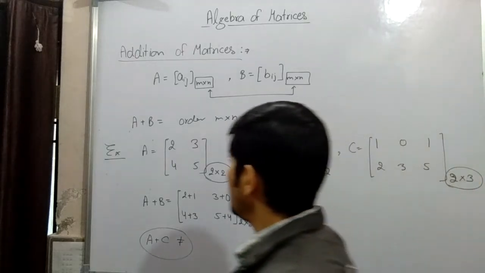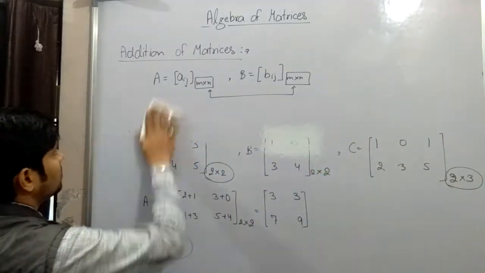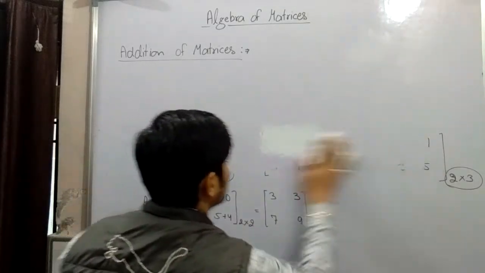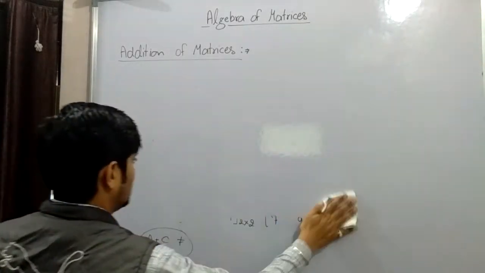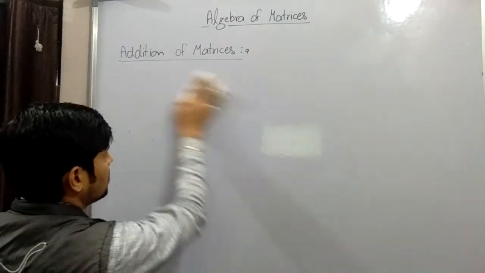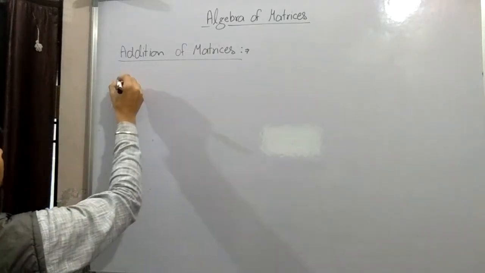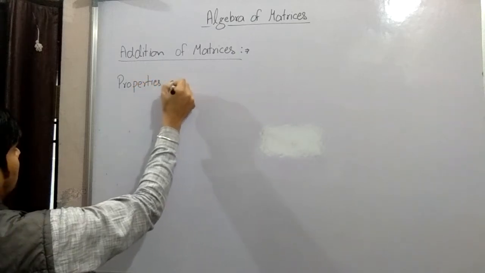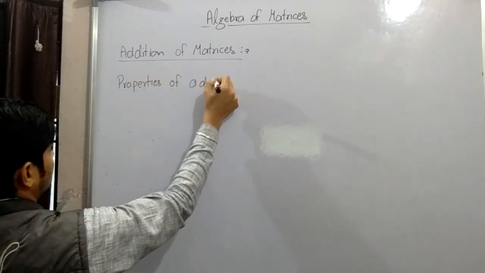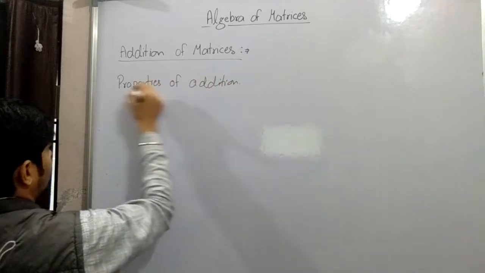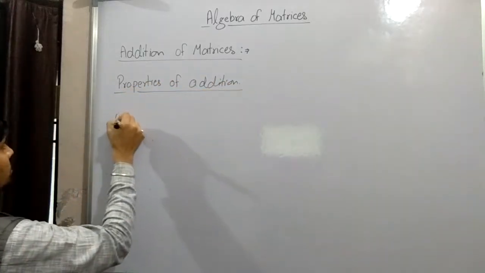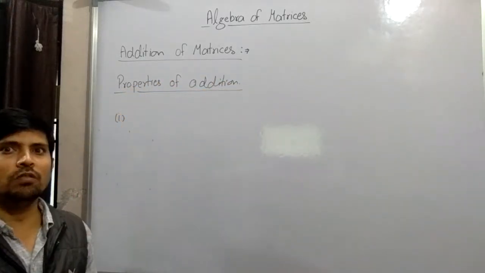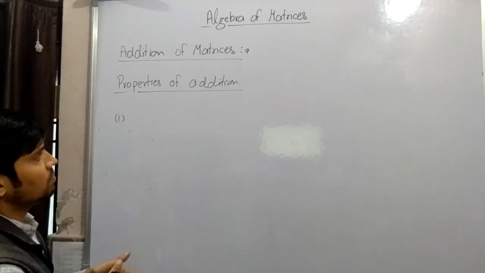Now, what are the properties of addition? We will talk about the properties of addition. First of all, let us suppose again we have two matrices of the same order.